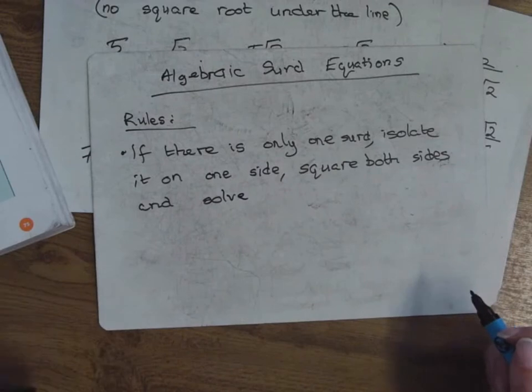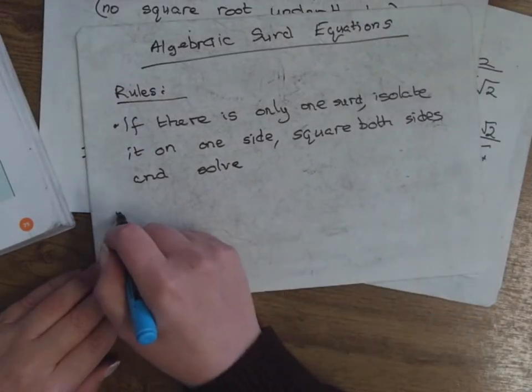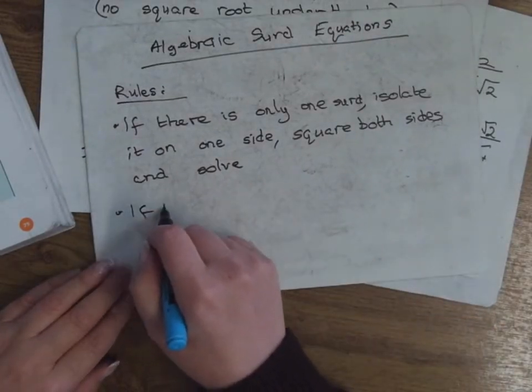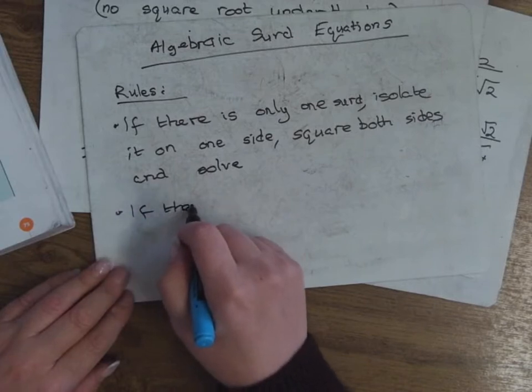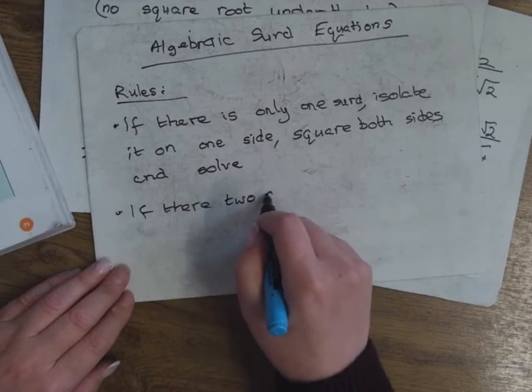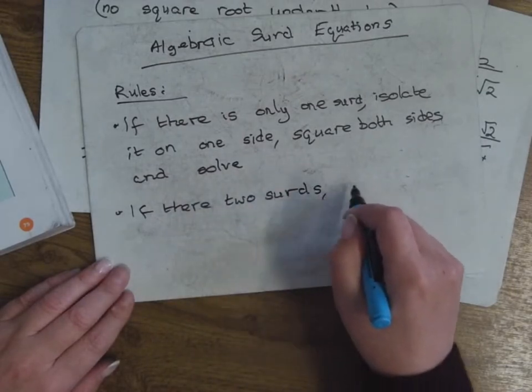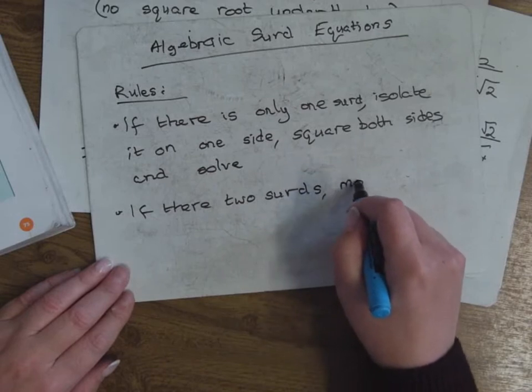So if there's only one square root sign in the whole equation, just put it on its own at one side, square both sides and solve. We'll see an example of that in a minute. If there are two surds, so if there's two square root signs, move one to each side, so one on the left, one on the right.